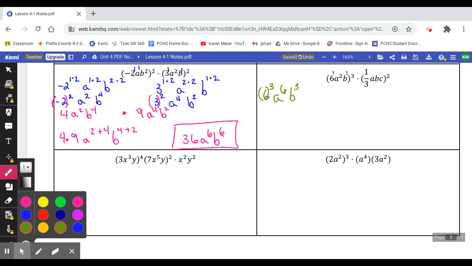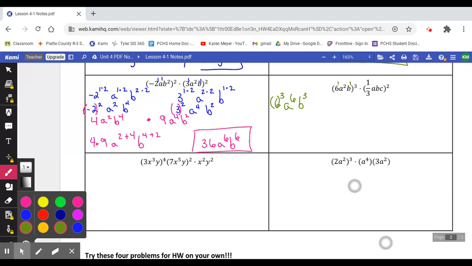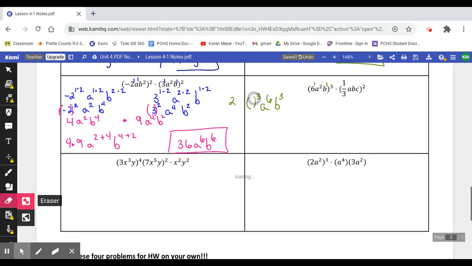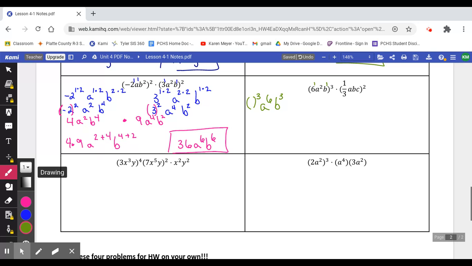So when I type that into my calculator, I come up with 216. Oh, whoops. Sorry, my pen got a little crazy there. So 216, a to the 6th, b to the 3rd.